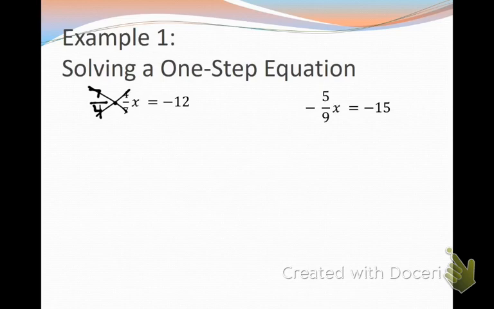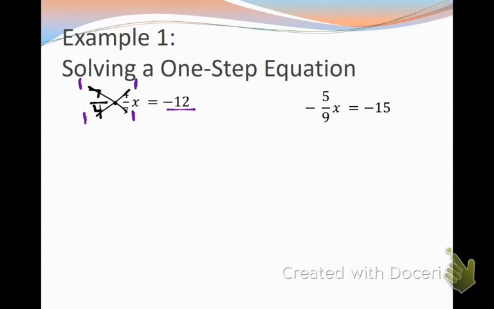Cross-reducing my 7s and my 4s actually reduces everything down to 1. But we do know, so these are all 1s, we do know that 1x is the same thing as x, right? All right, so 1x and x is the same thing. So now, yes, our x is by itself, isolated.